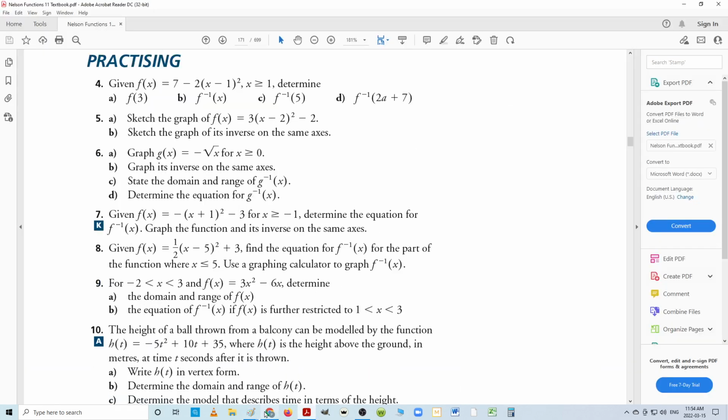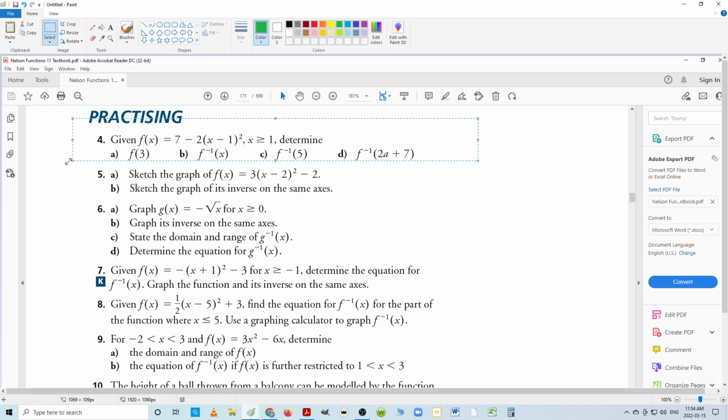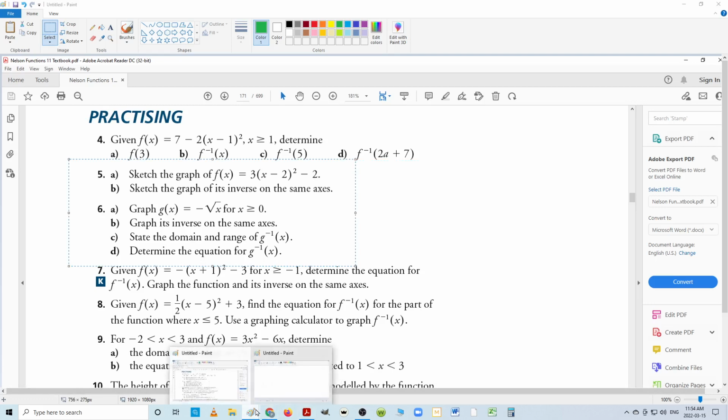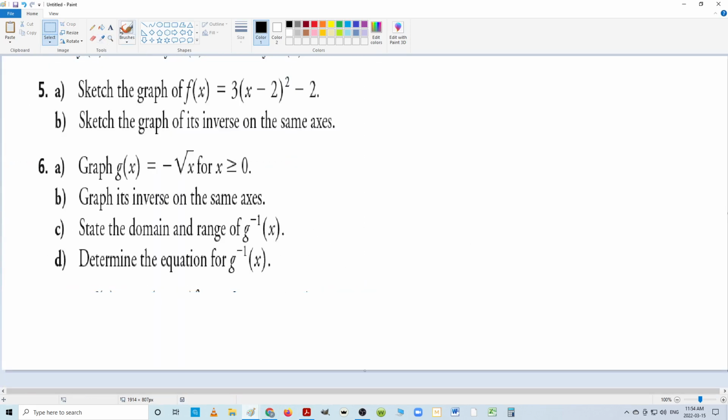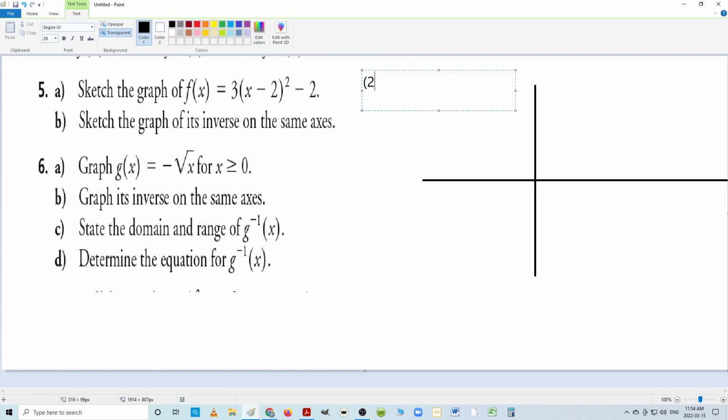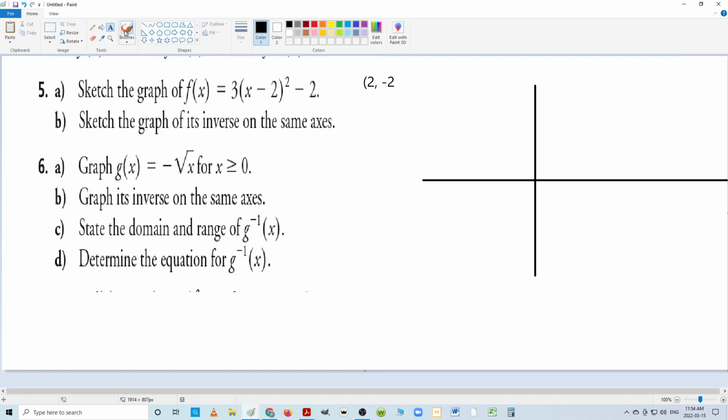Okay, what about the other ones? Let's see. So you can see this is going to take a while. I'm only going to do a few at a time and probably take a break in between. Sketch the graph. Okay, so before we sketch just means don't go crazy with it. And I can see the vertex is 2, minus 2, and I can tell you the inverse will be minus 2, 2.